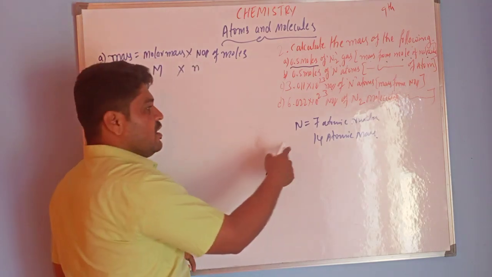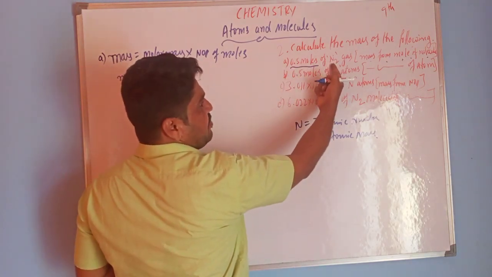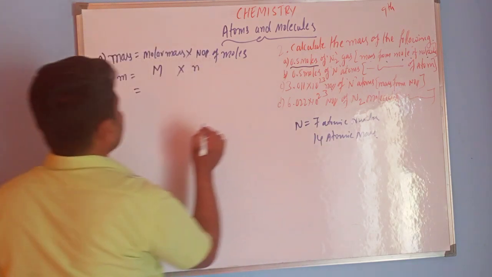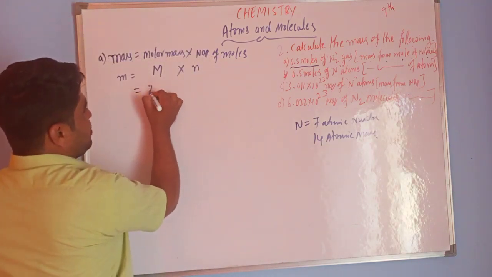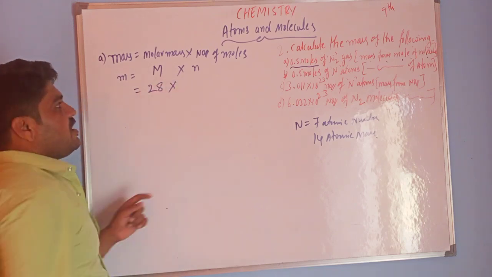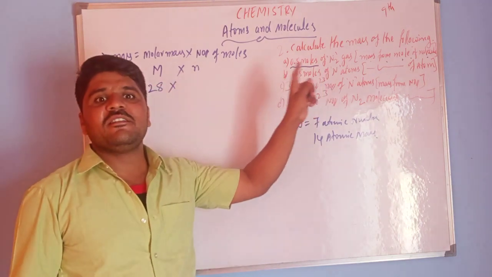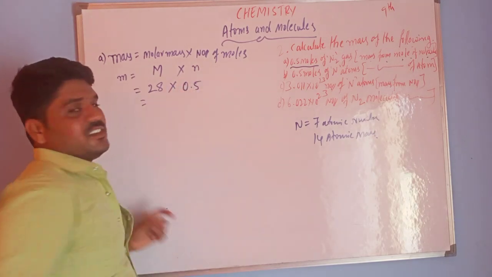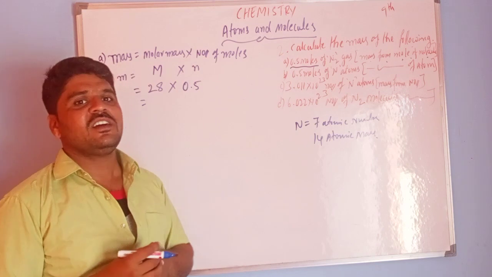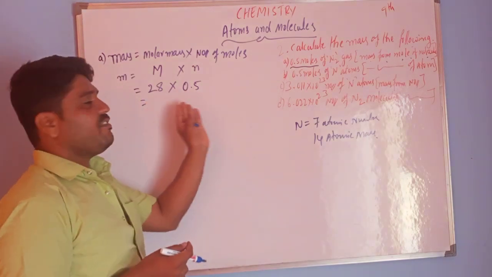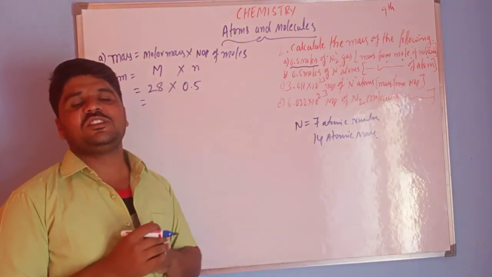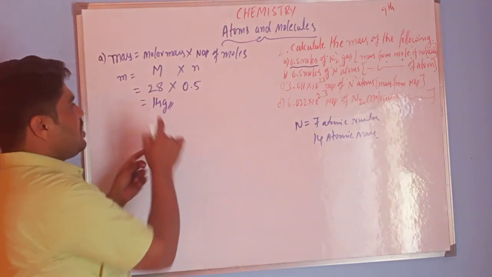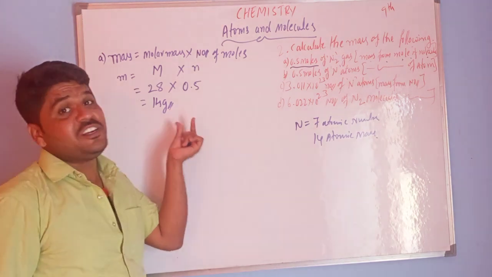Here N2 is a molecule, so 14 plus 14 is 28. So 28 into 0.5. What is the answer? 0.5 means half, so the answer is 14 grams.